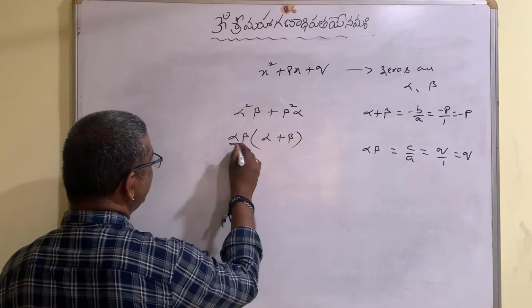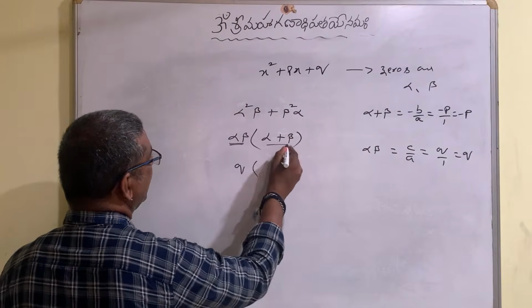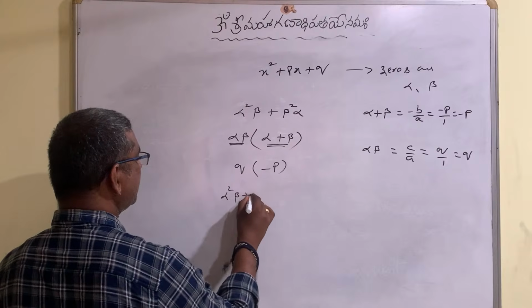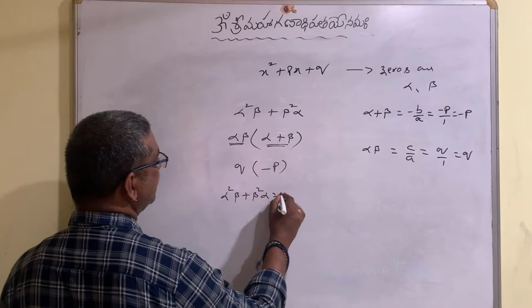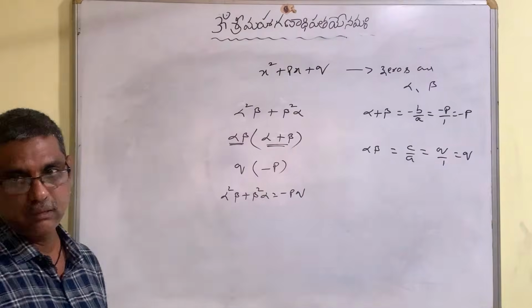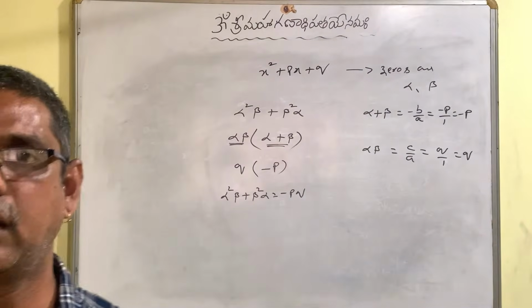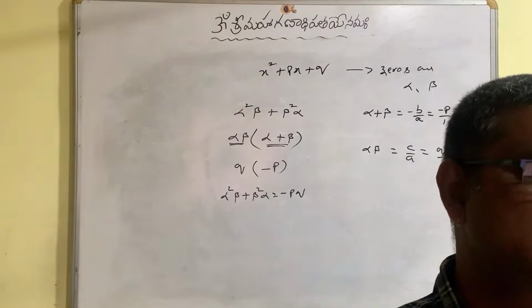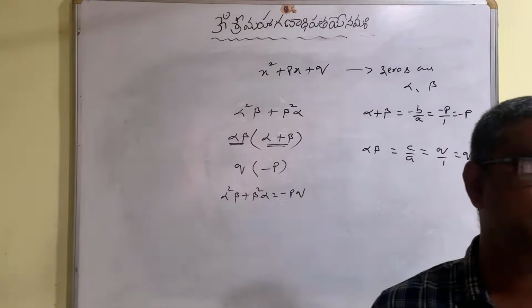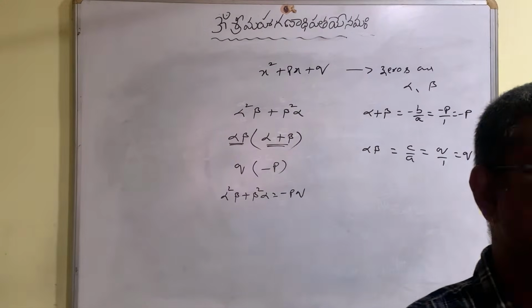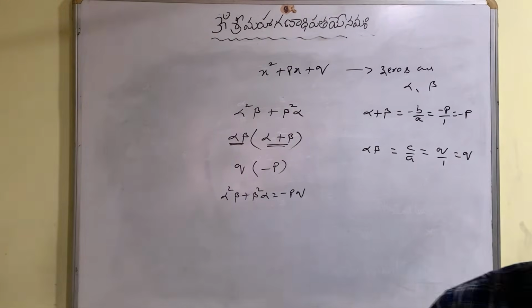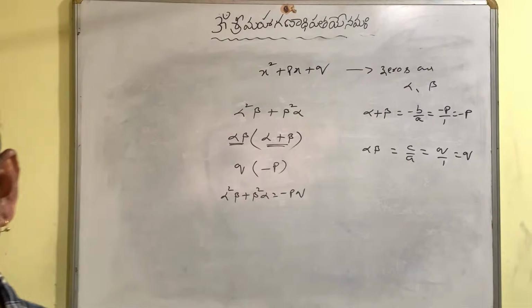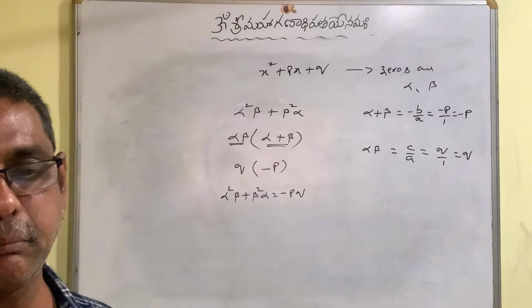We know alpha beta is q and alpha plus beta is minus p. So alpha square beta plus beta square alpha is nothing but minus pq.